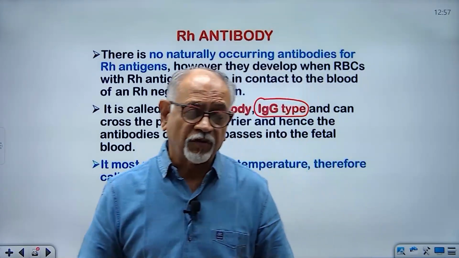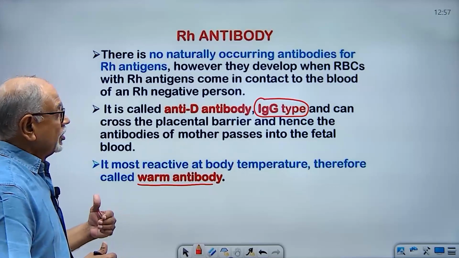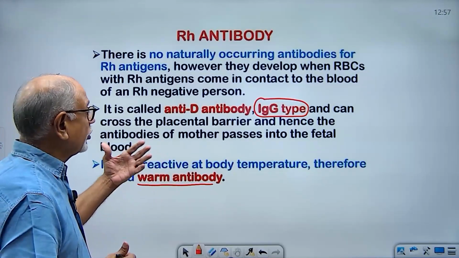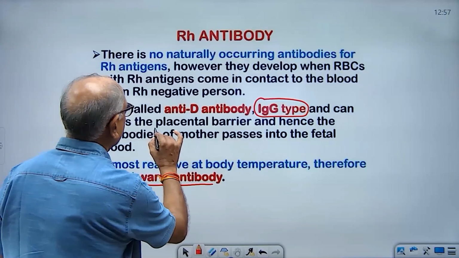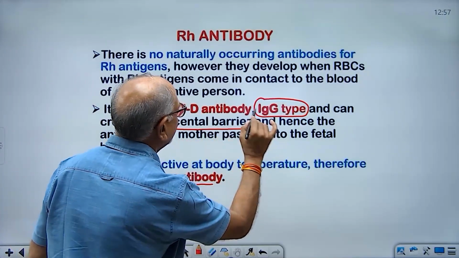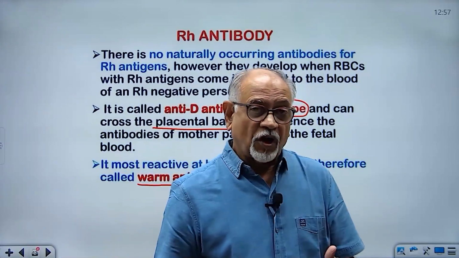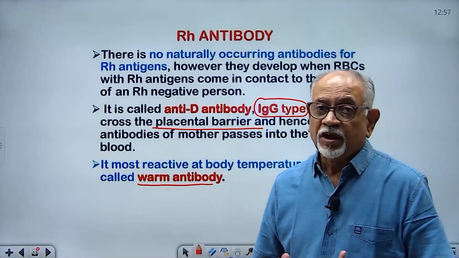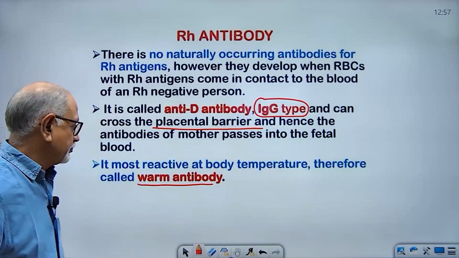Once it is formed, it is more reactive at our body temperature. The second important thing is that this antibody can pass the placental barrier and hence it can pass from the circulation of the mother into the circulation of the fetus.